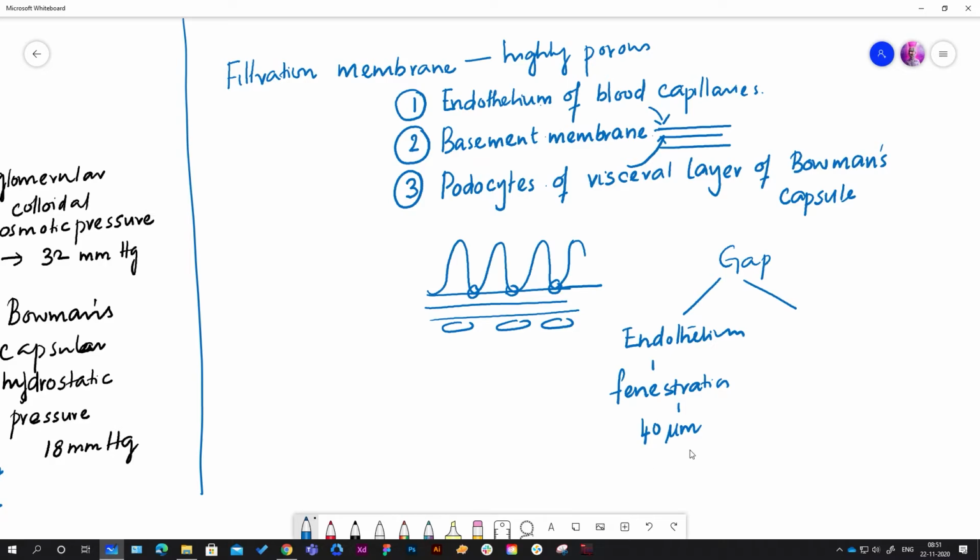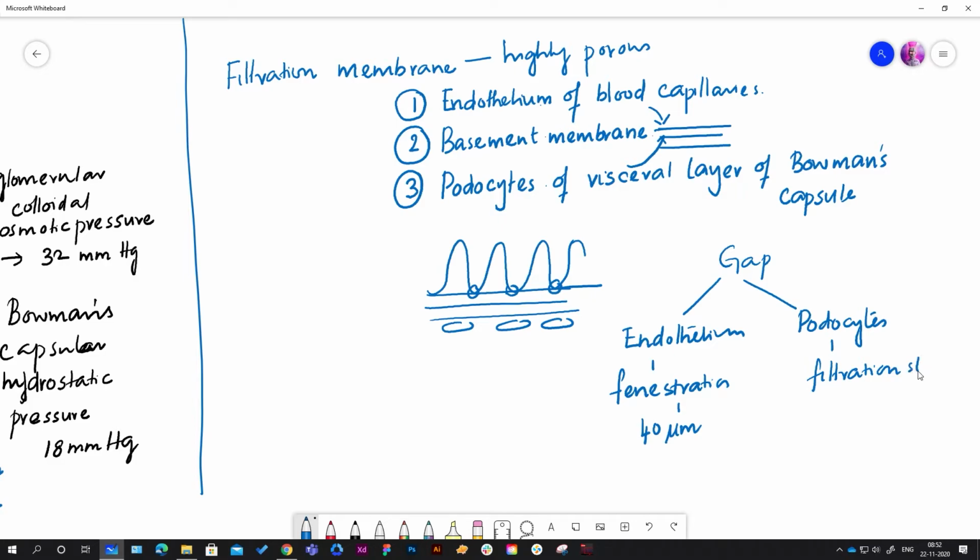This gap is very small. Next, you have the capillary endothelium. Next, you have the podocytes. In the podocytes, there is a gap which is called the filtration slits.